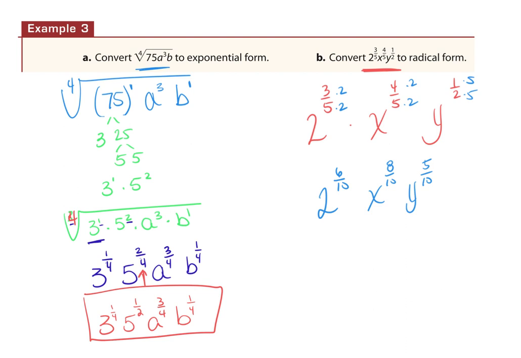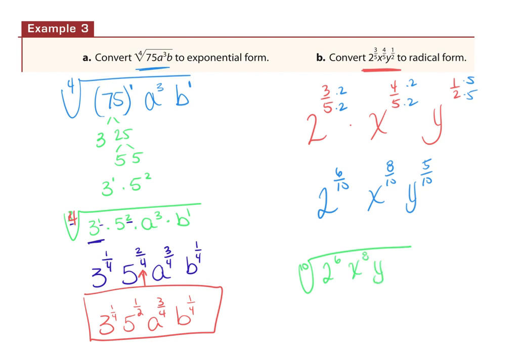So in this case, I'm going the other direction. I don't want to reduce. I actually want to give them common denominators, right? And now that they all have the same common denominator, I can rewrite it all under one radical. My radical has an index for all three of them as 10. And then I have 2 to the 6th power, x to the 8th power.